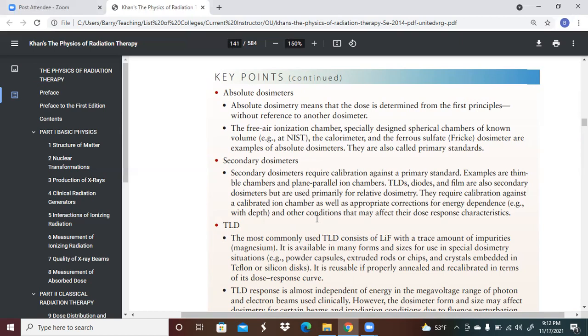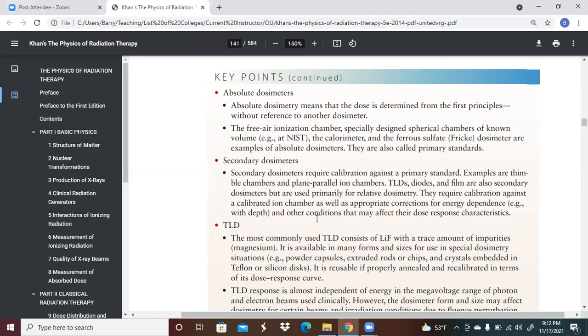And that brings us to the next one, secondary dosimeters. These require calibration against a primary standard. So if you've got an absolute standard and you've got a secondary dosimeter, you want that calibrated against that absolute dosimeter or primary standard.